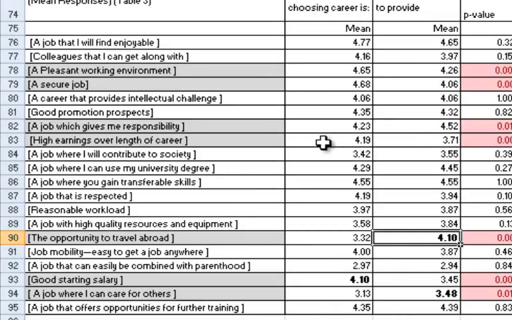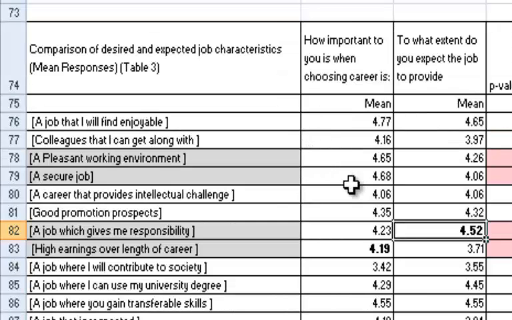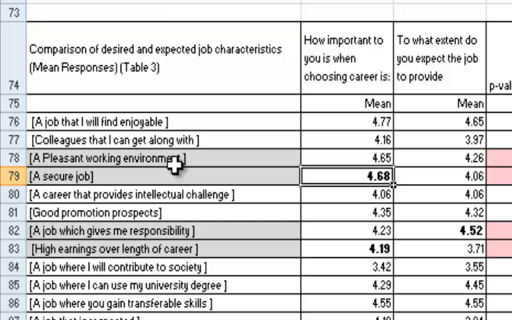If we look at high earnings, they want it more than they expect it. If we look at responsibility, they expect it more than they want it. If we look at a secure job, they want it more than they expect it. And if we look at a pleasant working environment, they want it more than they expect it.